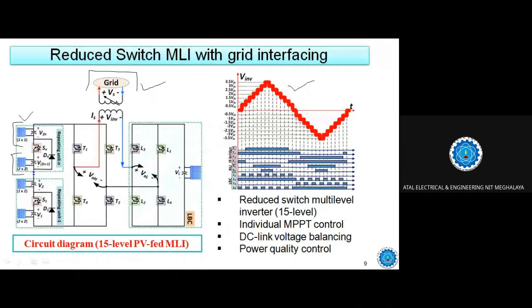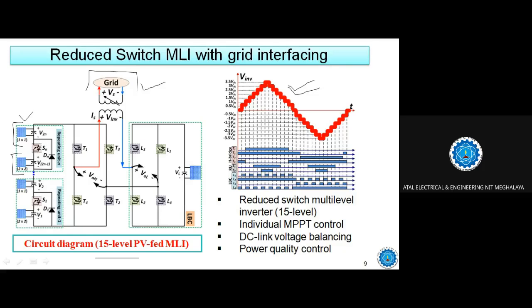How to produce that is by PWM switching of the switches. There are around 10 switches connected here for generating a 15 level output, right?